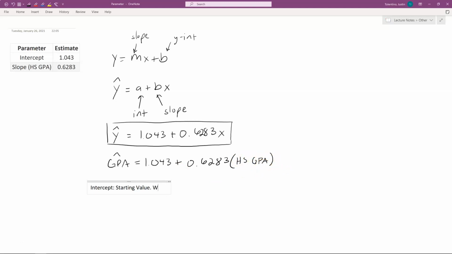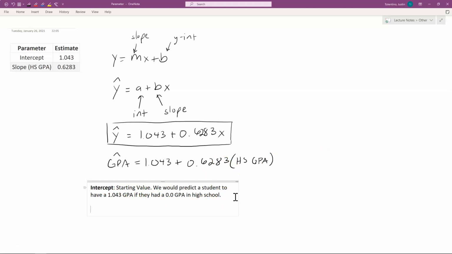So we might say something like, we would predict a student to have a 1.043 GPA if they had a 0 GPA, 0.0, in high school. And that would be an interpretation of the intercept.